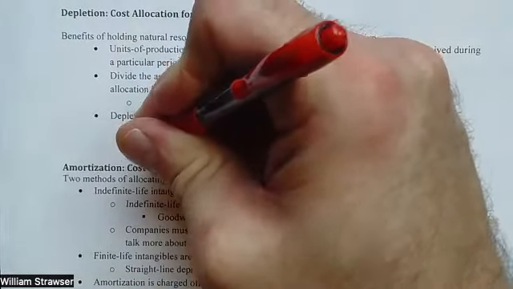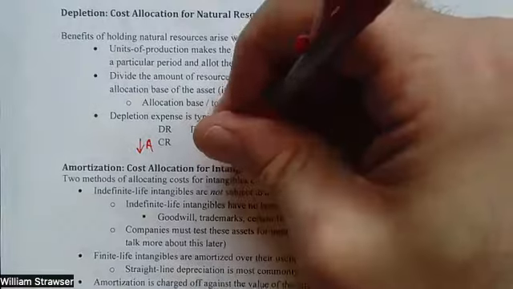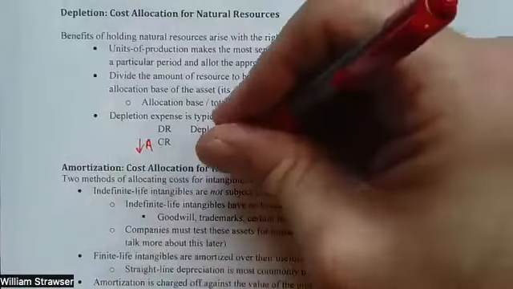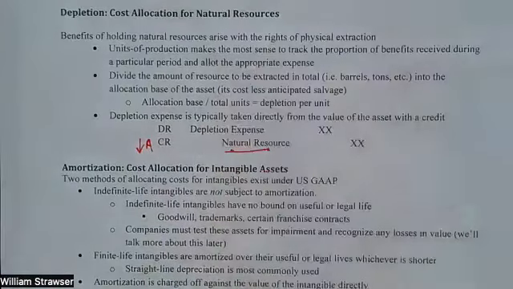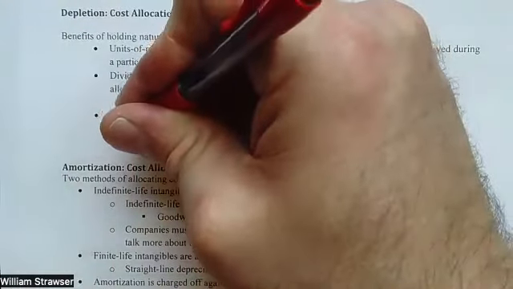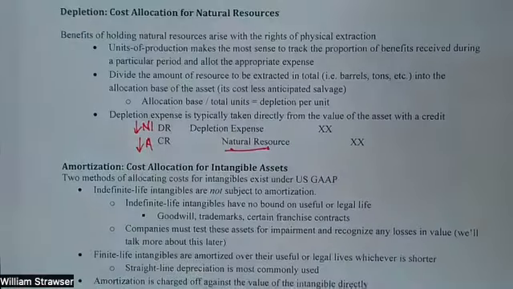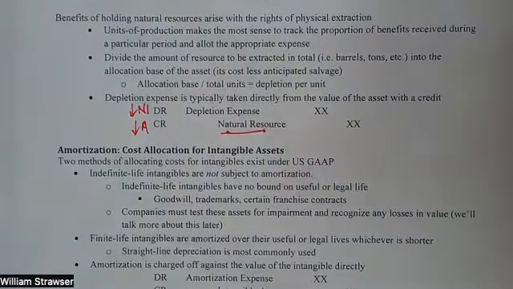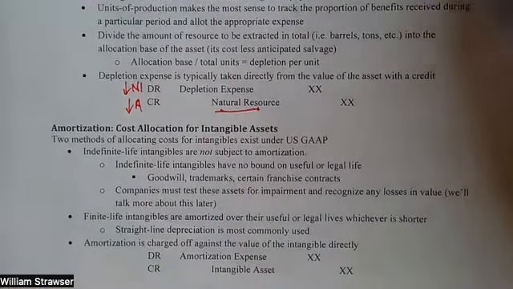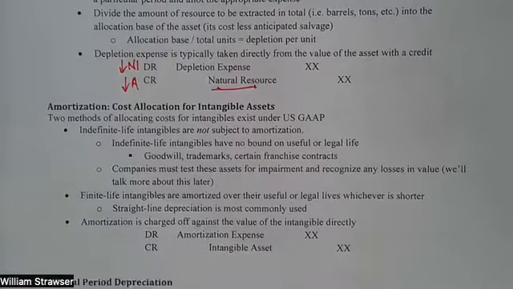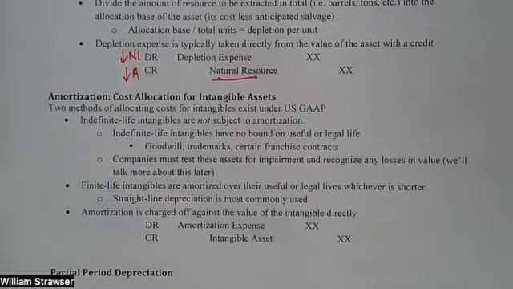We are just reducing the asset directly, whatever natural resource that might be, whether it's a mineral deposit, oil, gas, etc. And depletion is, of course, net income reducing. All of the allocation methods are operating expenses. They would all fall under operating expenses, up at the top of the income statement.